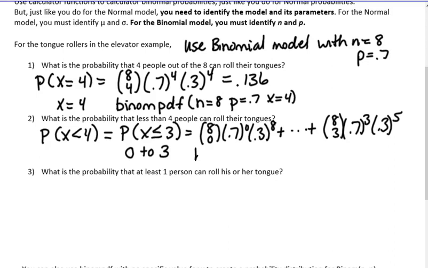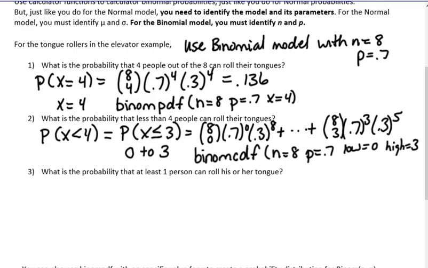Now I'm going to be using binomial CDF, cumulative density function, with n equals 8, p equals 0.7, and then I'm going to have my low 0 and the high, and I'm not sure what it actually says in the calculator. We'll look in a minute. It might say left and right, like it does for normal models.